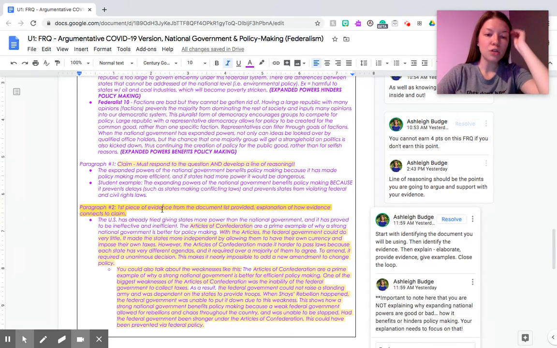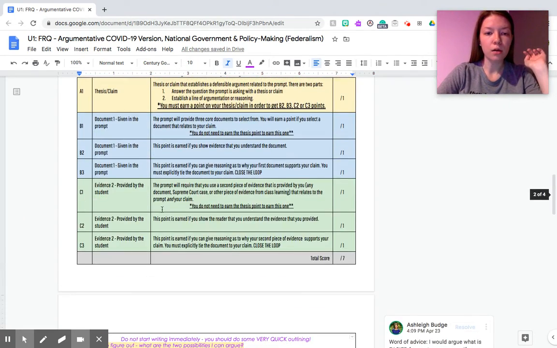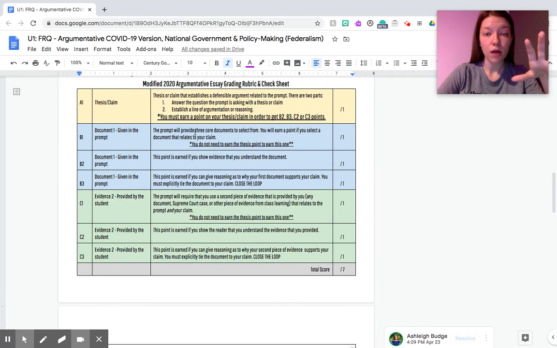As we go up to this rubric, make it clear how it relates to your claim, introduce it right away, show the reader that you understand the document, provide a summary of the document, talk about its main points and how it relates to your claim. And then you need to get your English skills out and give reasoning as to why that document supports your claim, right? Why are you bringing it up in the first place? You must explicitly tie the document in here and again, close the loop.